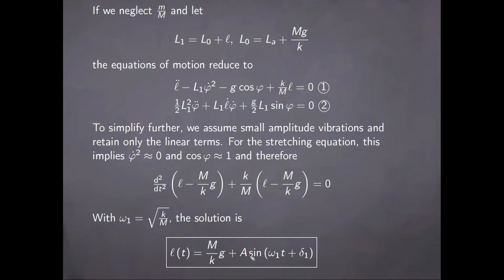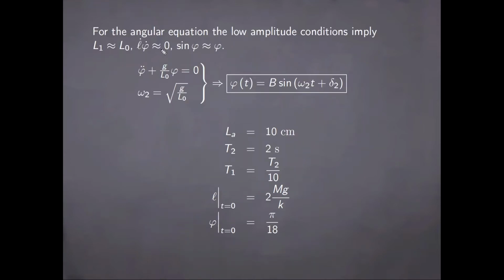So it's a sine of omega 1 t with an amplitude a and a phase delta 1. For the angular equation, the low amplitude conditions will imply that L1 is essentially L0, so it's the equilibrium length of the spring. This product is 0, and sine of phi is equal to the angle phi.